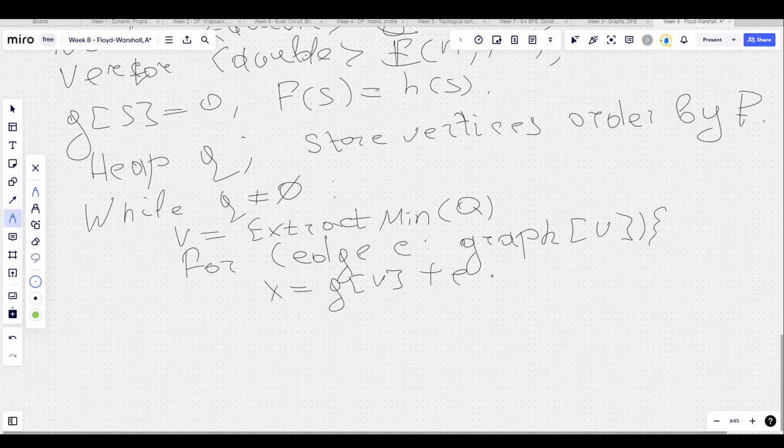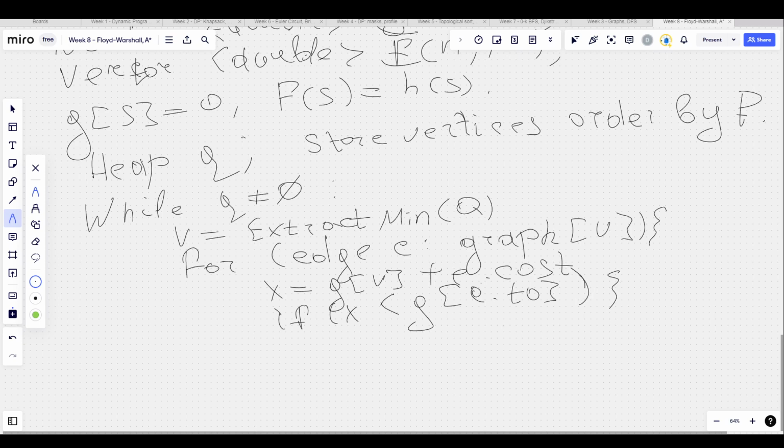In this line we do relaxation, and then in the following lines there will be a little bit of difference.